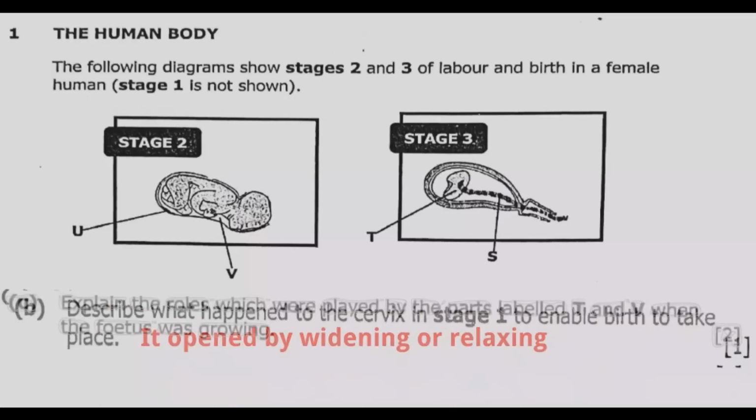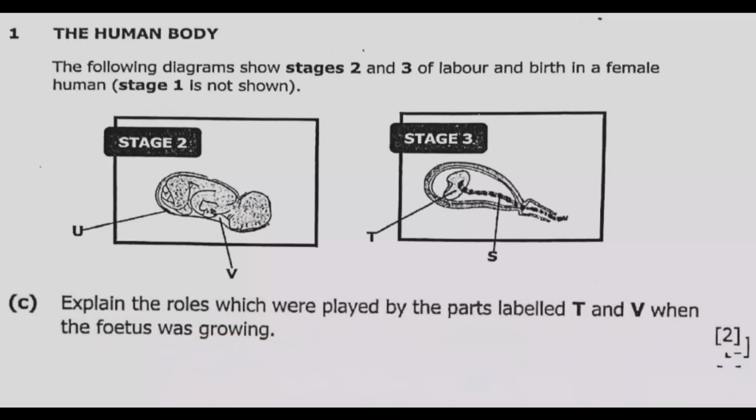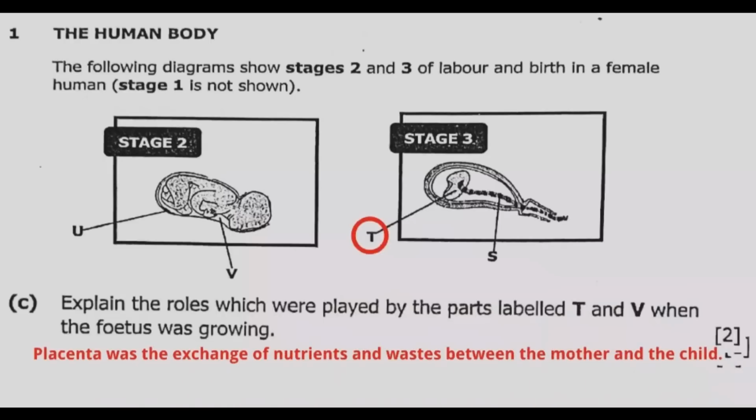We go to question 1C, which is explain the roles played by the parts labeled T and V when the fetus was growing. Let's start with T. Where is T? It's there. It is the placenta. The placenta was the exchange place of nutrients and waste between the mother and the fetus.